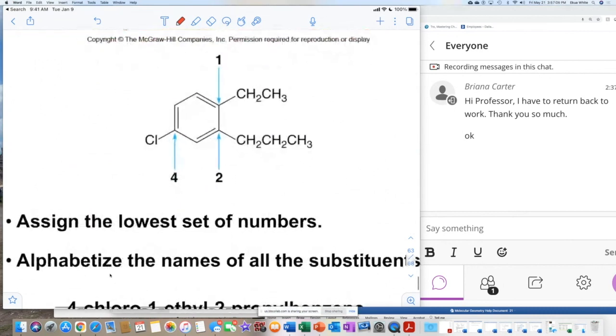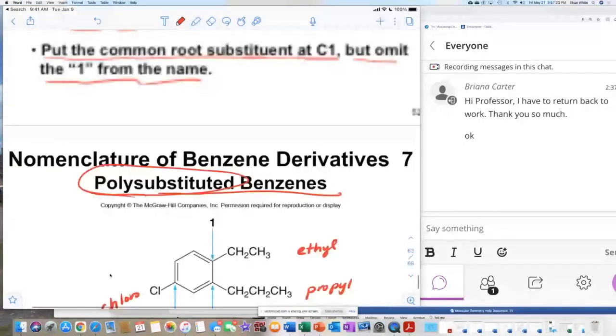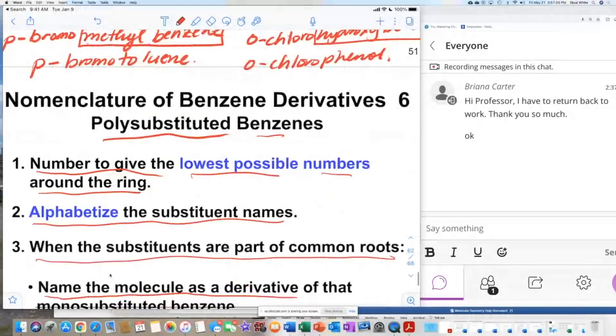So you have to figure out which one to number. As you're looking at this, I'll actually go ahead and give them names: ethyl, propyl, chloro. So let's look at different variations of numbering this. They said back here, number to make sure that the substituents end up with the lowest number possible.